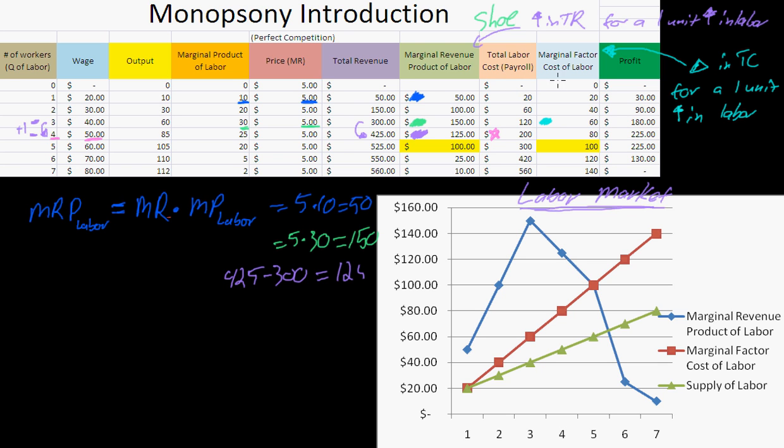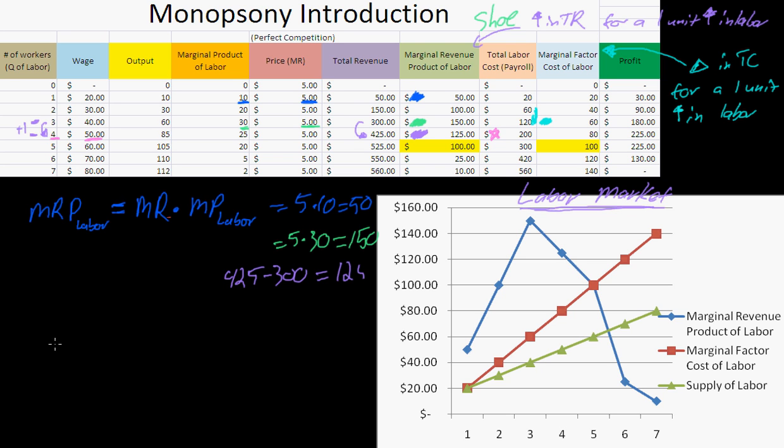So all that we are calculating over here is the change in labor cost. We know that our number of workers is increasing by 1. And so all that we are going to do is have 120 minus 60.